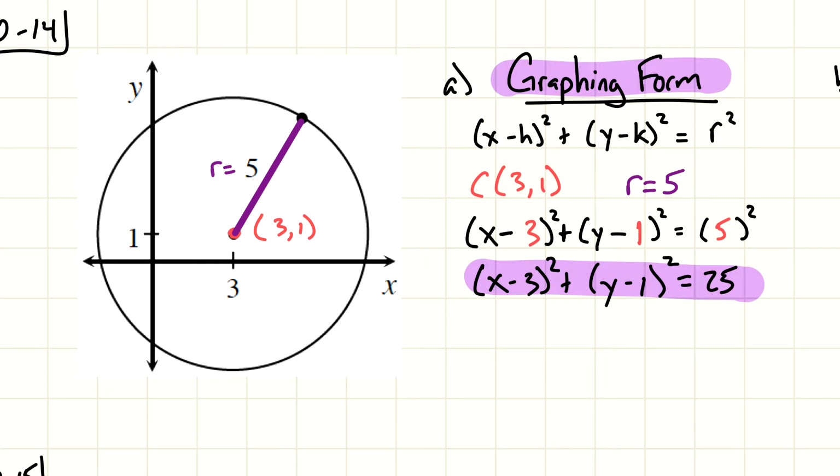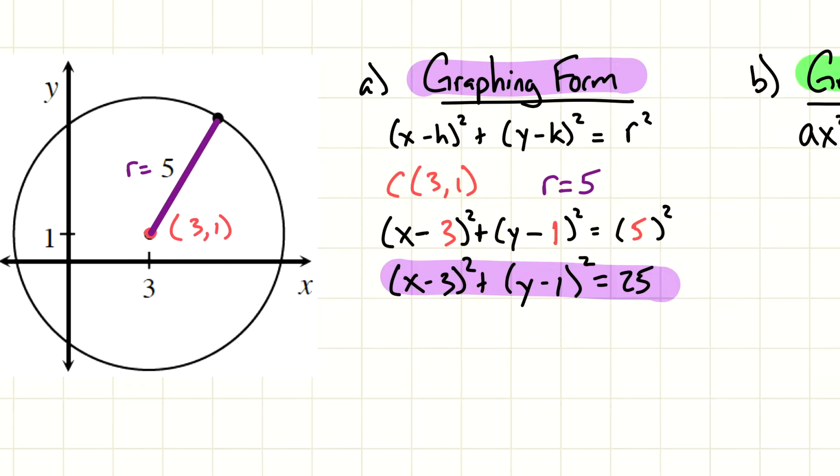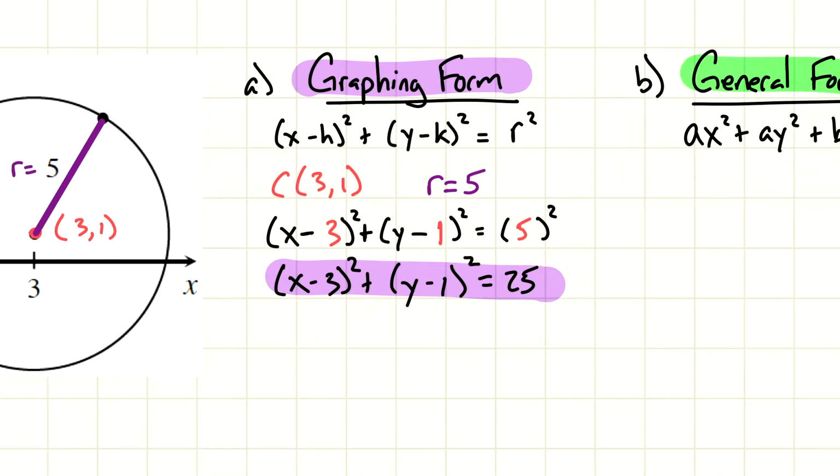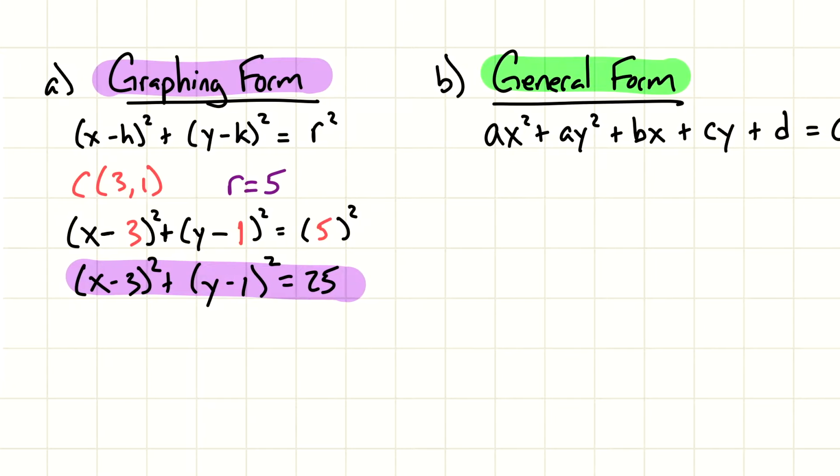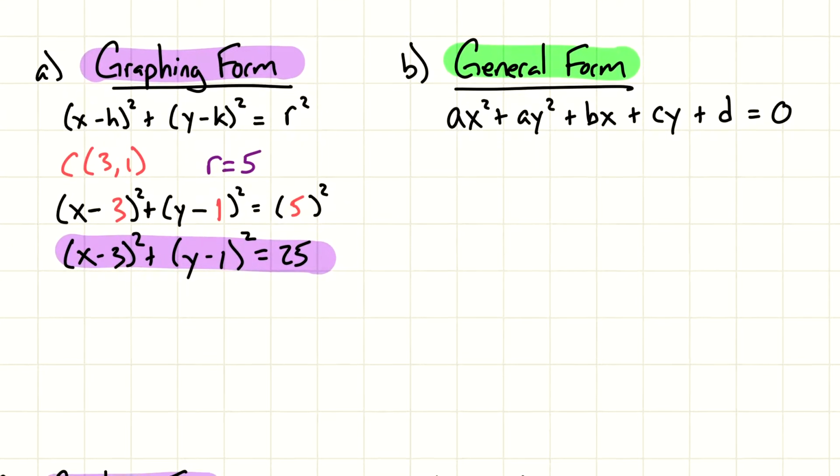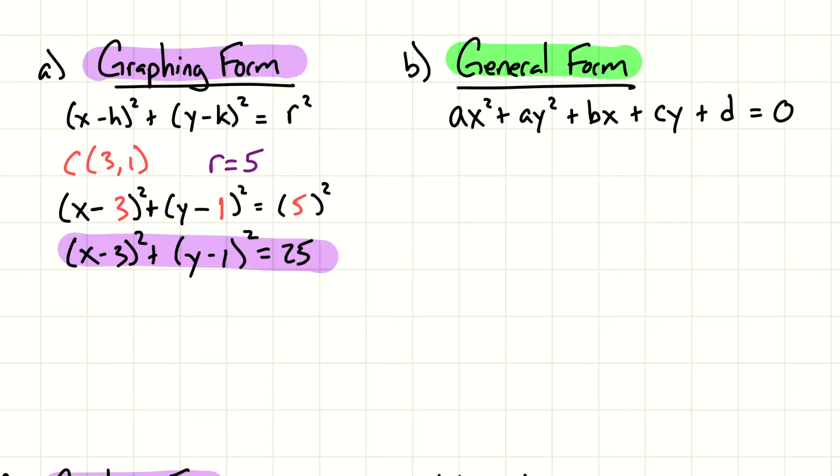That's nice, but sometimes to do more algebra work, we prefer it in general form. The easiest way to do that is to start with your graphing form and turn it into general form. Basically, we're just going to multiply all this out and make sure we end up with our equation equal to 0. So I'll do that for us.